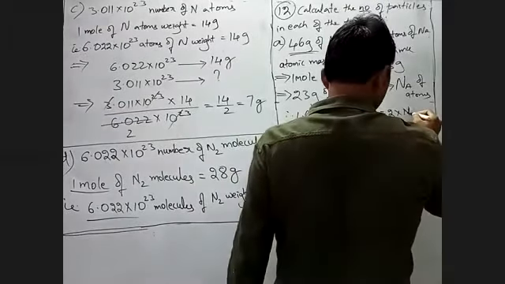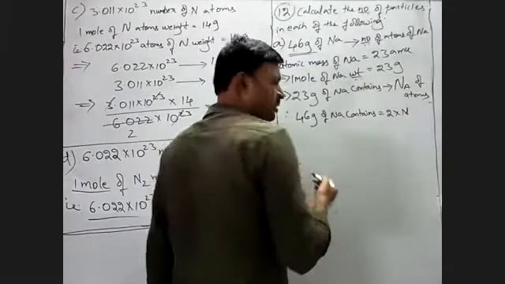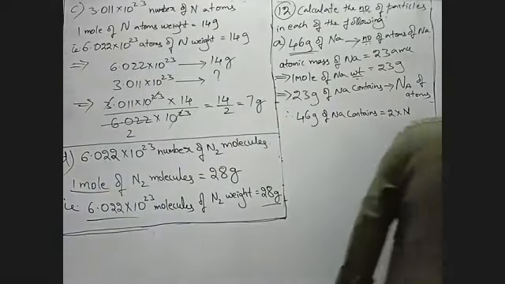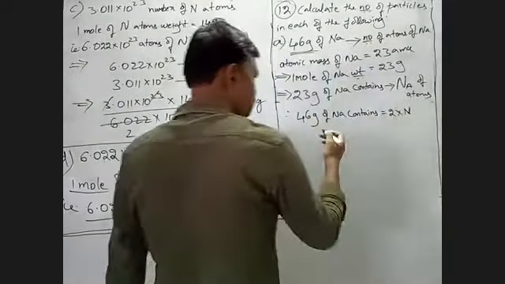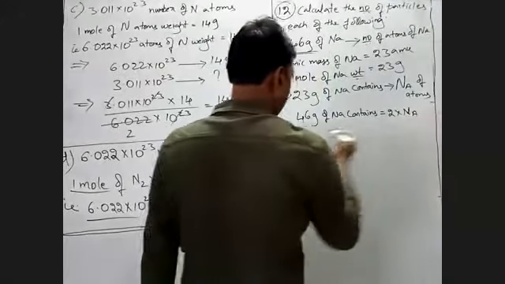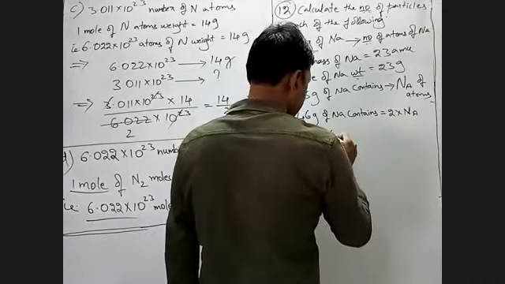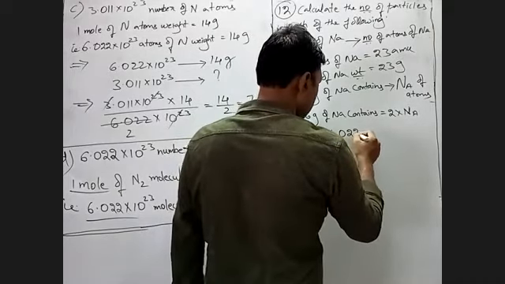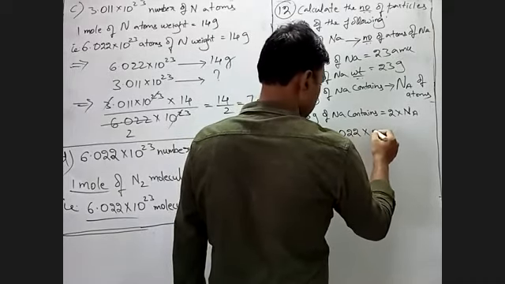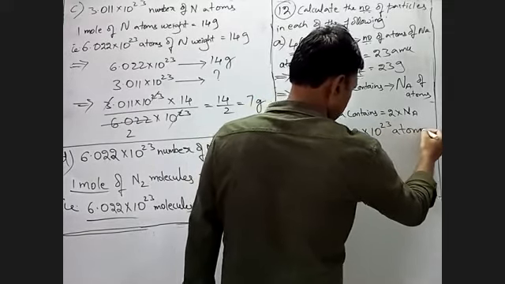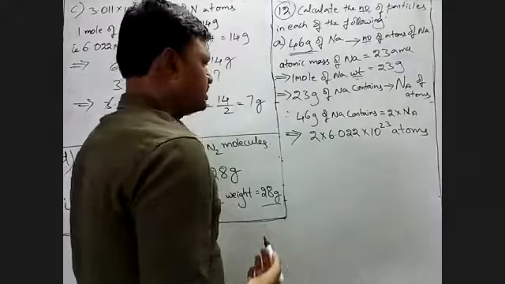So Avogadro number. So we multiply the first part. So 2 into Avogadro number implies 2 into 6.022 into 10 power 23 atoms. Okay, students, listen here once again.